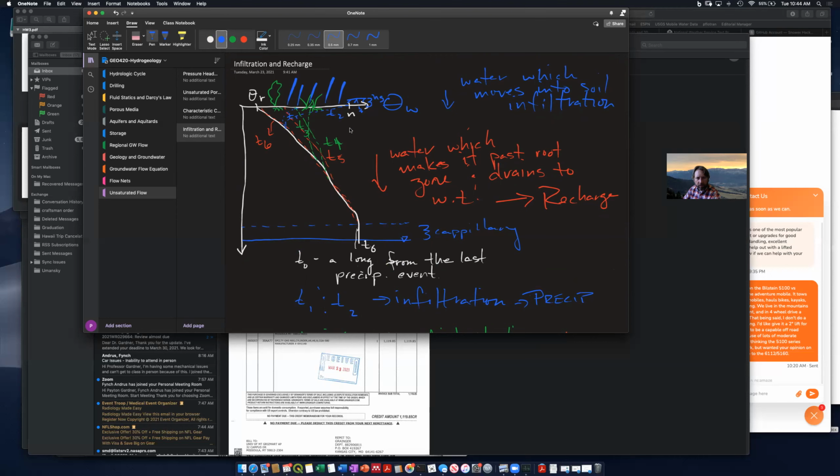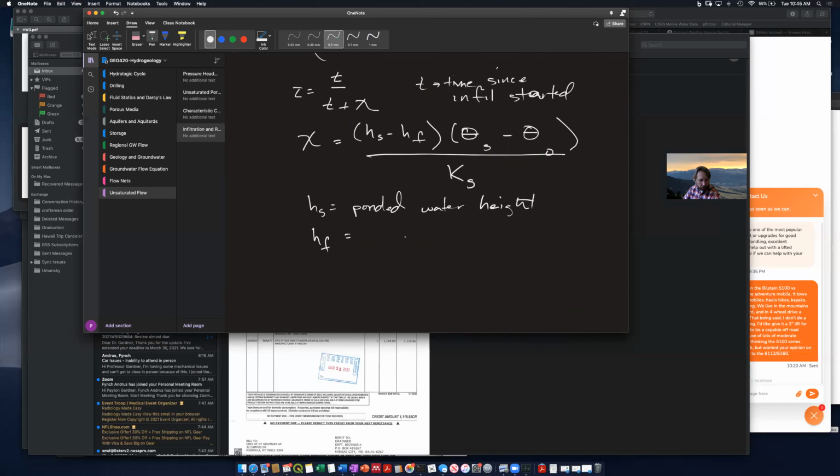And H sub F is the capillary pressure at the wetting front. That's the negative of the pressure head at the wetting front.